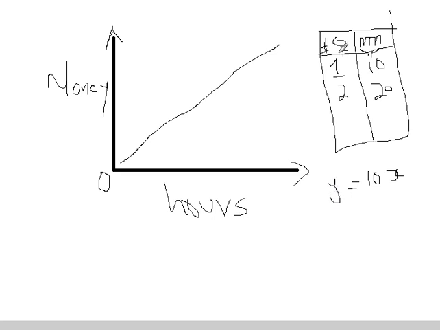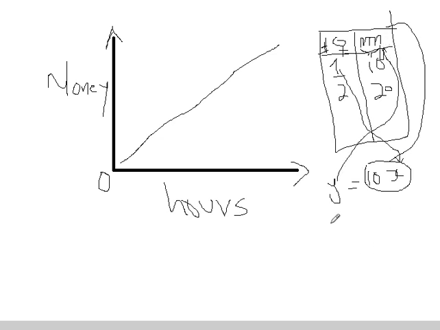This y is the total number of fingers, and 10 times x will be the fingers. So if I have one person, this is x, and this is the total number of fingers.